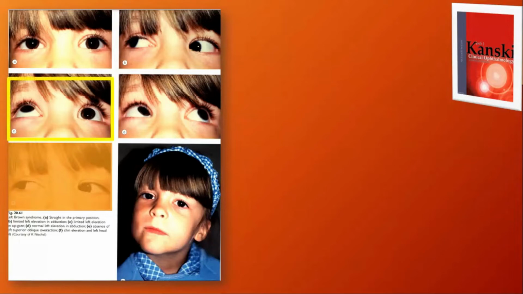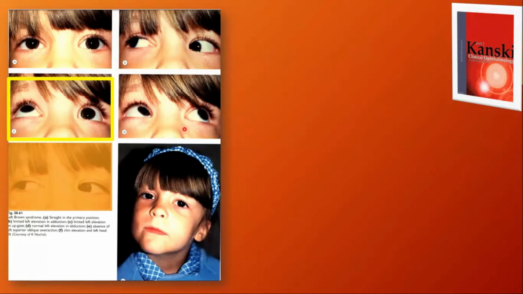In up gaze, there is defective elevation in the left eye compared to the right eye. Actually, Kanisky mentioned this position as a slightly dextroelevation. So there is limitation of elevation in adduction and also in straight up gaze.